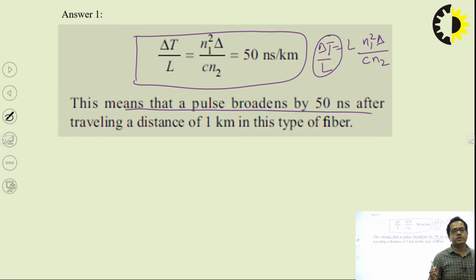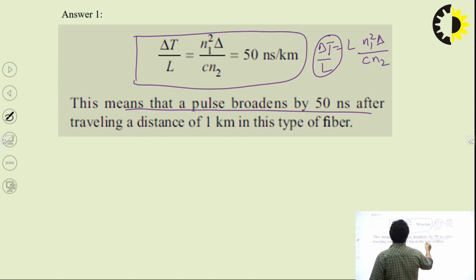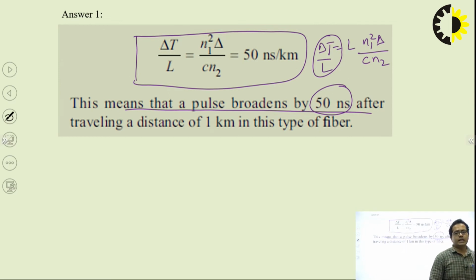That means the two rays are occurring at a different instant of time, and that total delay is 50 nanosecond. So the total delay is 50 nanosecond occurring in each kilometer of a fiber, right? So this is your pulse broadening through the multimode fiber.